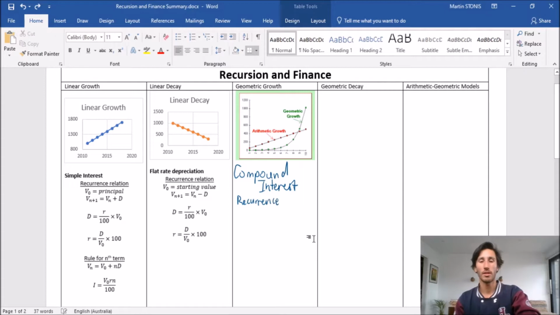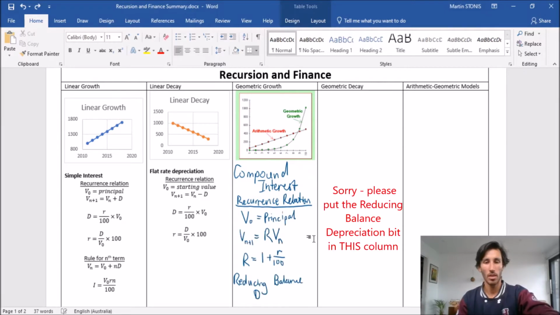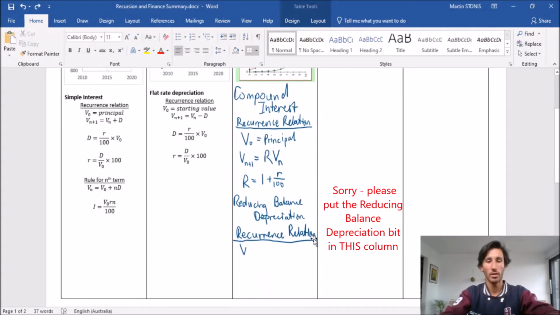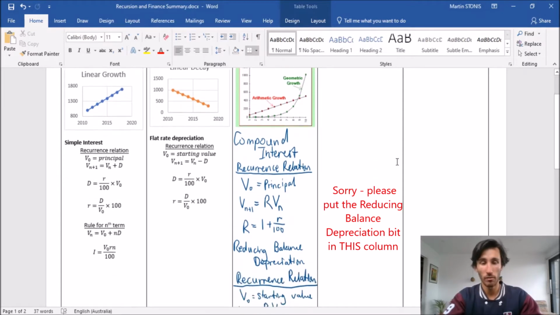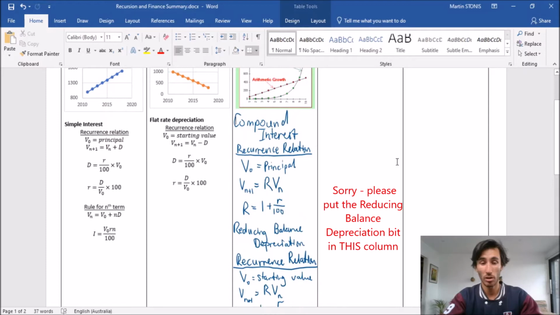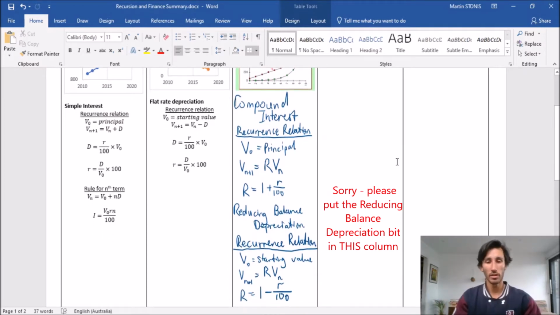Compound interest, recurrence relation, V0 equals principal, Vn plus 1 equals R Vn. Reducing balance depreciation, recurrence relation equals starting value, R Vn, R is 1 minus R over 100. So write those notes down into your columns, which is the way that we're setting up Recursion and Finance. Write those notes now. Please pause if you need to. I'm going to keep going.